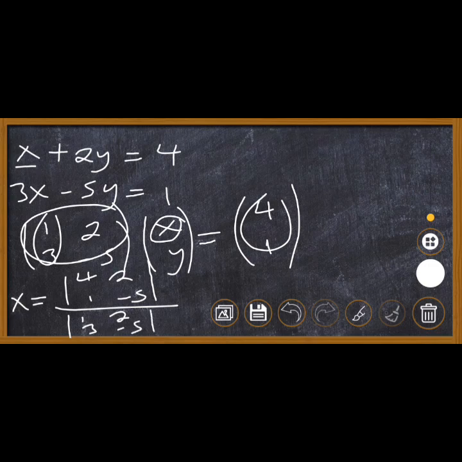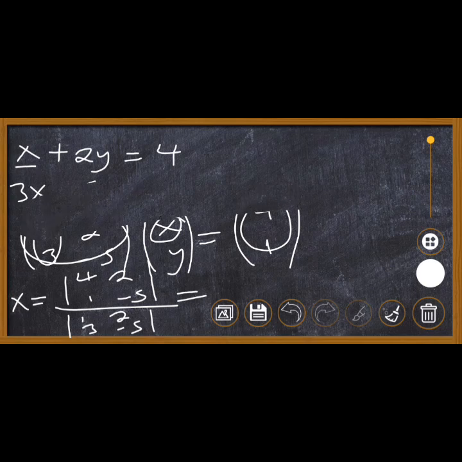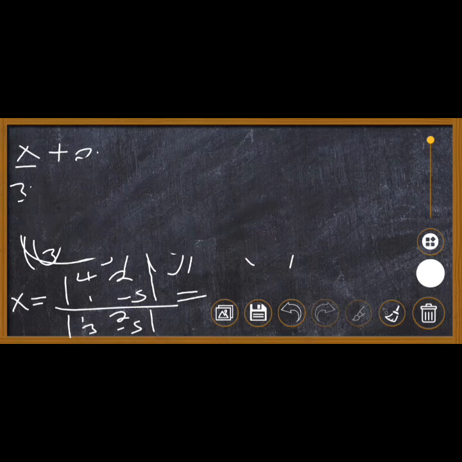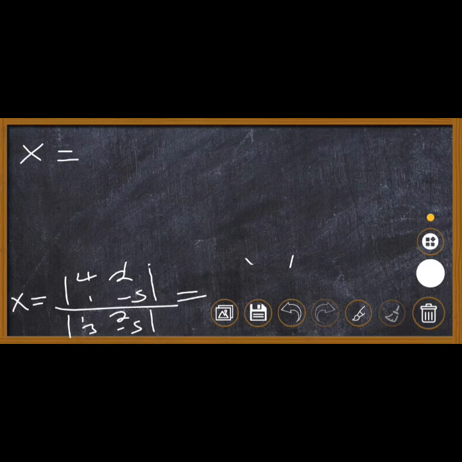Okay, so after we have written in this format, let's now find the determinants. Let me just wrap the top part here, since we don't need it anymore. However, we are going to need it when we want to write the value for the y. So in this case, we are going to have x equal to, so the major diagonal is 4 and negative 5.